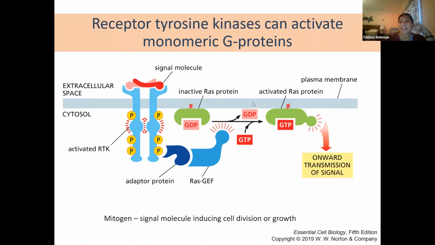So RAS is a very potent mitogenic response. It activates the growth signaling pathway that leads to the cell replicating and dividing at a really high rate. So that, like I said, can be activated two different ways, and receptor tyrosine kinase can activate some of these monomeric G proteins as well.